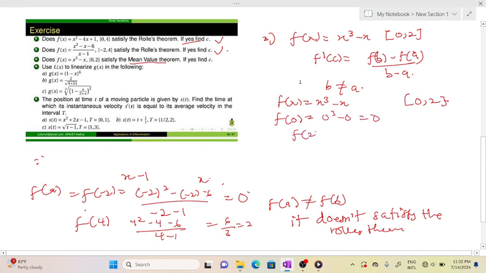My f of 2 is simply equal to 2 cubed minus 2, and that is 8 minus 2, which is 6. So at this point I have 6 minus 0 over b minus a, that is 2 minus 0, and it should be equal to f prime of c.